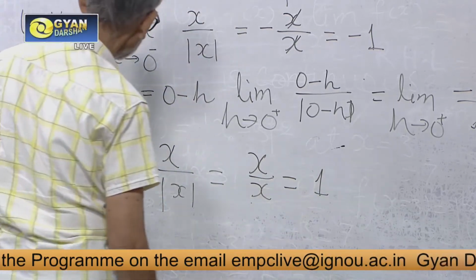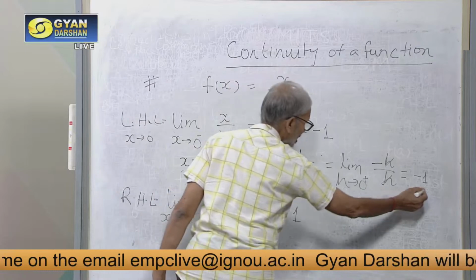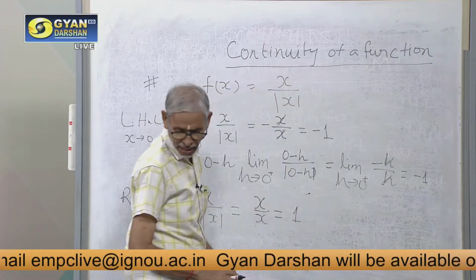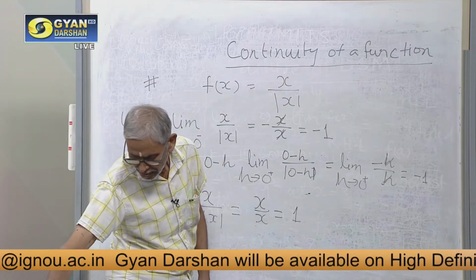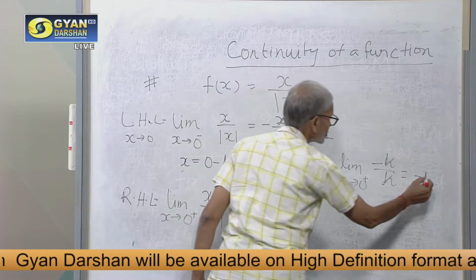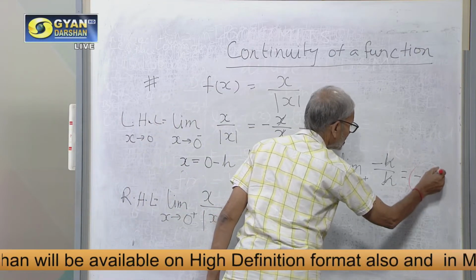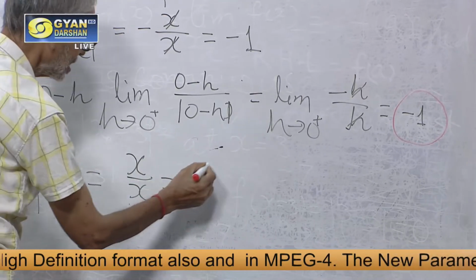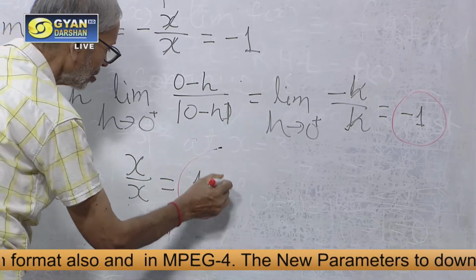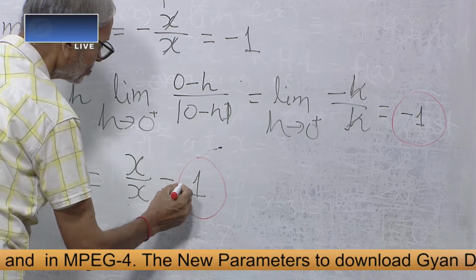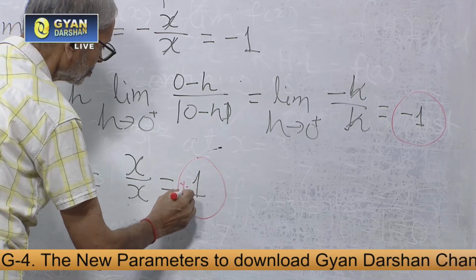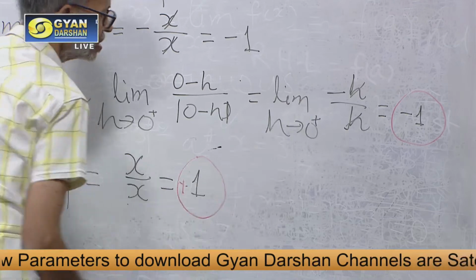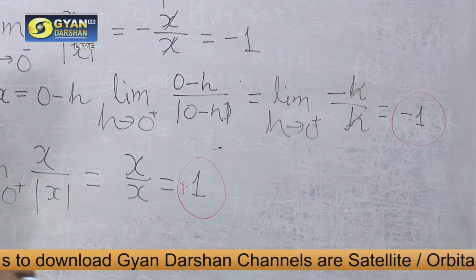Here you can see that the left hand limit is coming out to be minus 1, whereas the right hand limit is coming out to be plus 1. These are not equal.